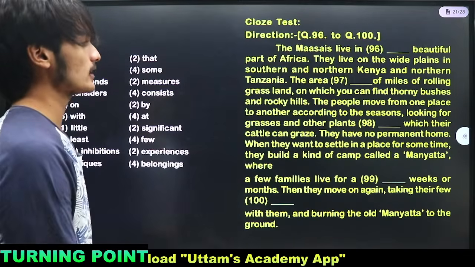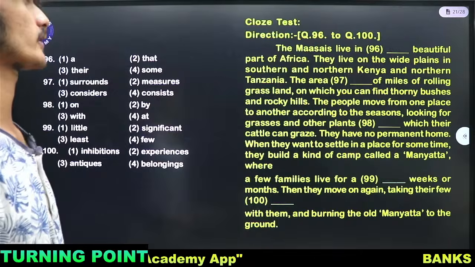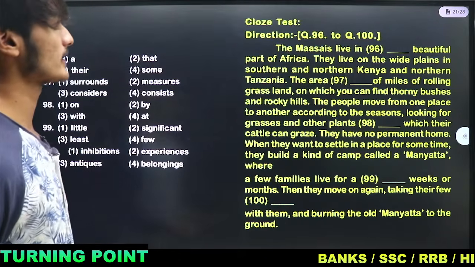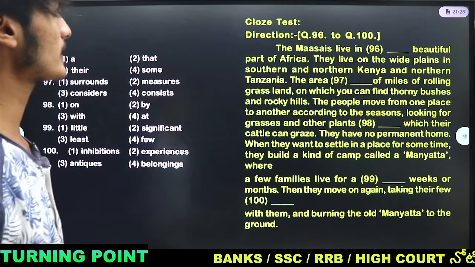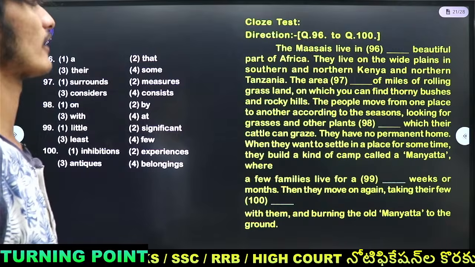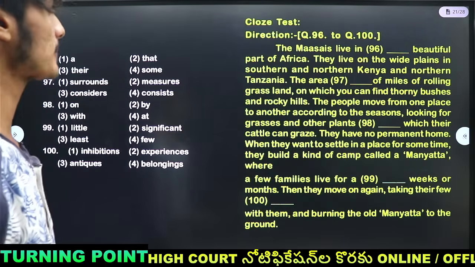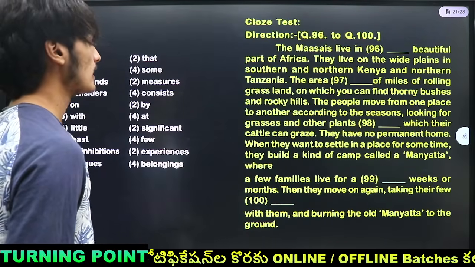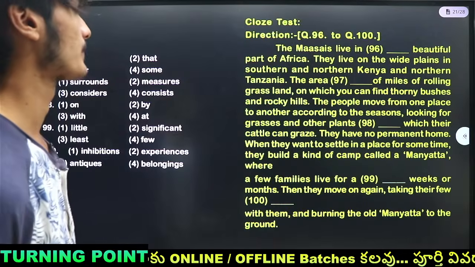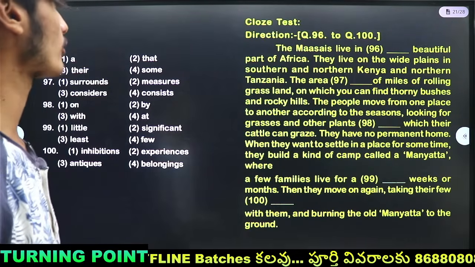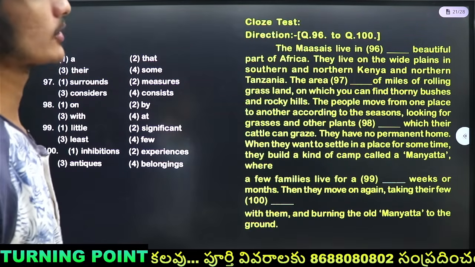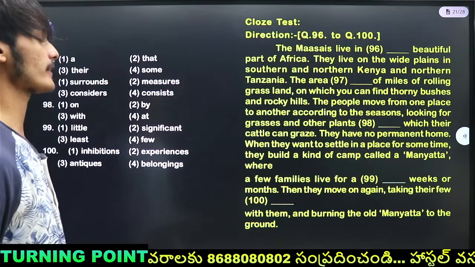Then we are at the last part, the cloze test. Let us read this. The Maasais live in dash beautiful part of Africa. They live on the wide plains in southern and northern Kenya and northern Tanzania. The area dash of miles of rolling grassland on which you can find thorny bushes and rocky hills.